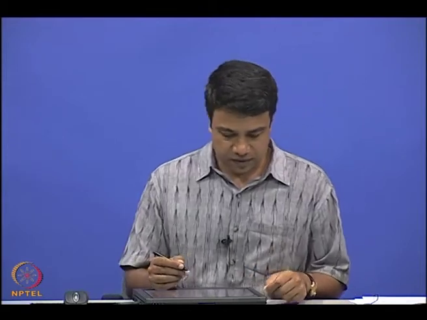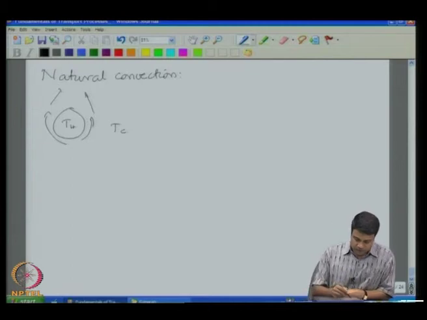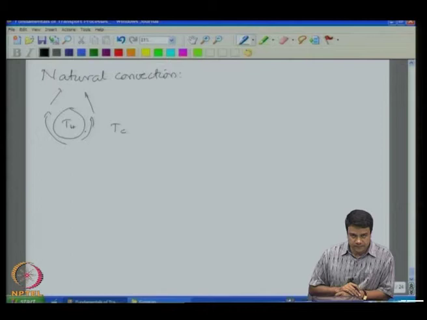So, let us say that you had a buoyancy force acting on a heated object. You would have fluid rising upwards. If this was the hot temperature and this is cold, you would have fluid rising upwards because near the surface the fluid is heated and the density of that fluid is lower, and because of that it rises upwards.